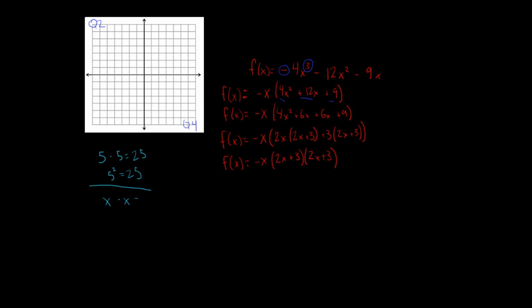That's going to be equal to x squared. So if we can also combine these and just rewrite that as x to the power of 2. So if we want to, and you kind of have to, you have to write this as negative x, and then 2x plus 3 times 2x plus 3 is just going to be 2x plus 3, and that's all squared.